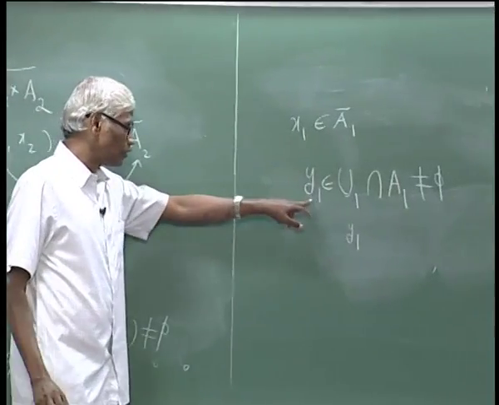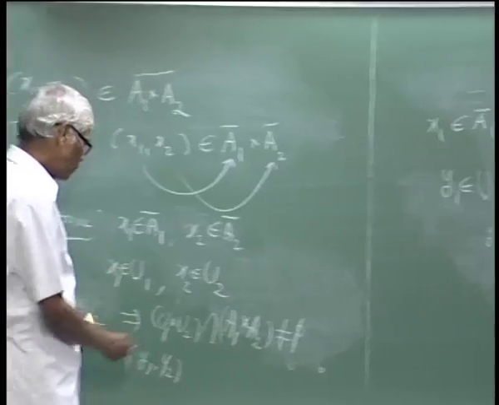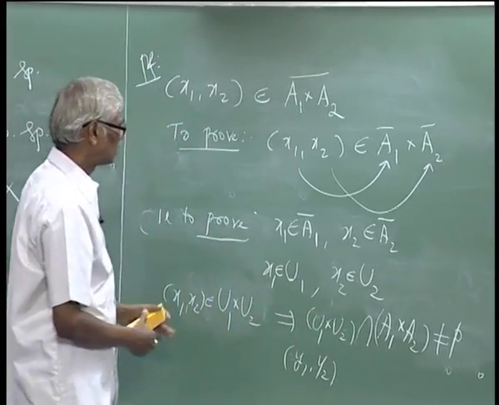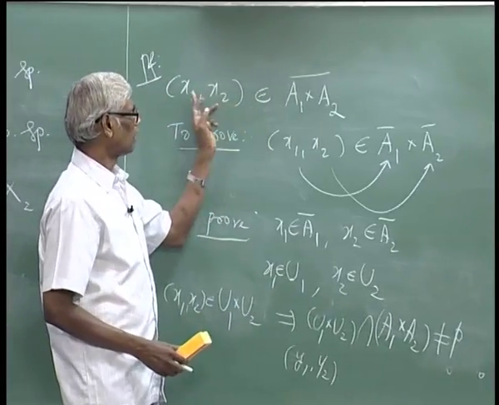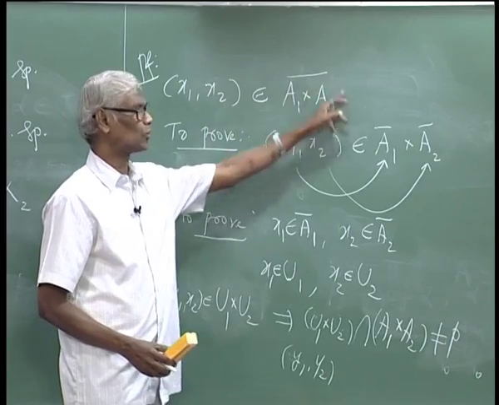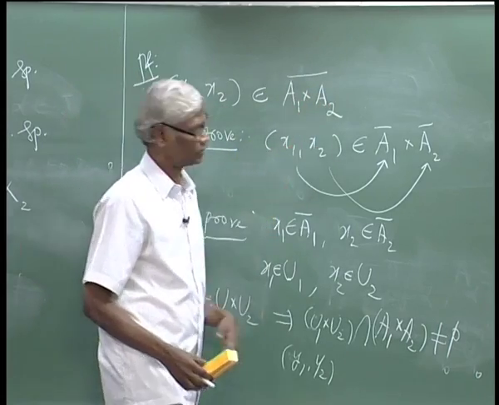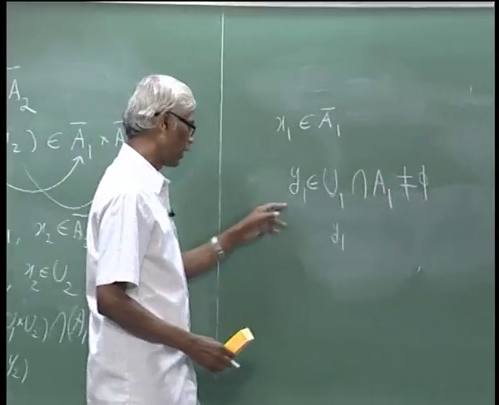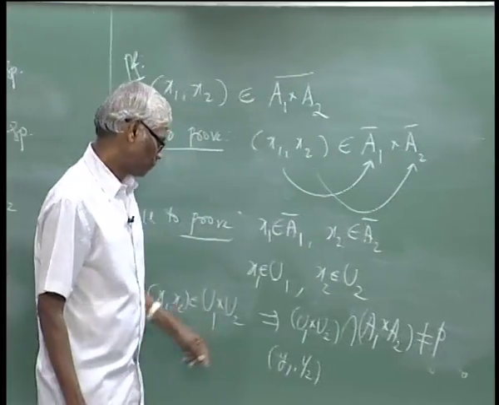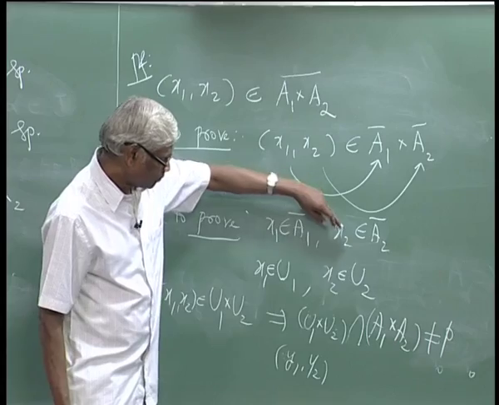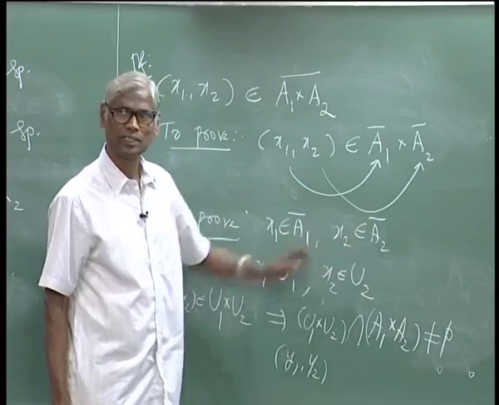How we got this is using the fact that this ordered pair (x1, x2) is in the closure of A1 cross A2. Similarly, we proved that y2 is in both U2 as well as A2.